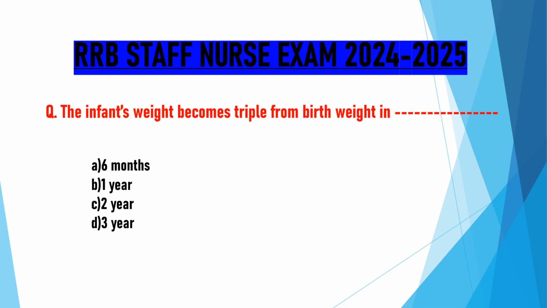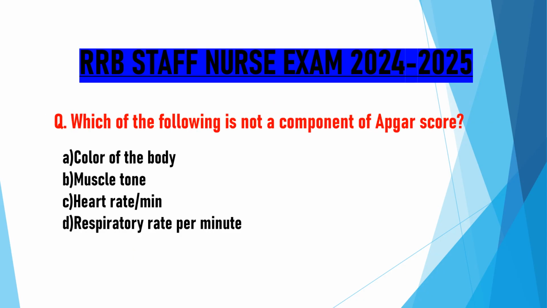Options are 6 months, 1 year, 2 year, 3 year. So the answer is option B, 1 year. Which of the following is not a component of Apgar score? Options are color of the body, muscle tone, heart rate per minute, respiratory rate per minute. So the answer is option D, respiratory rate per minute.